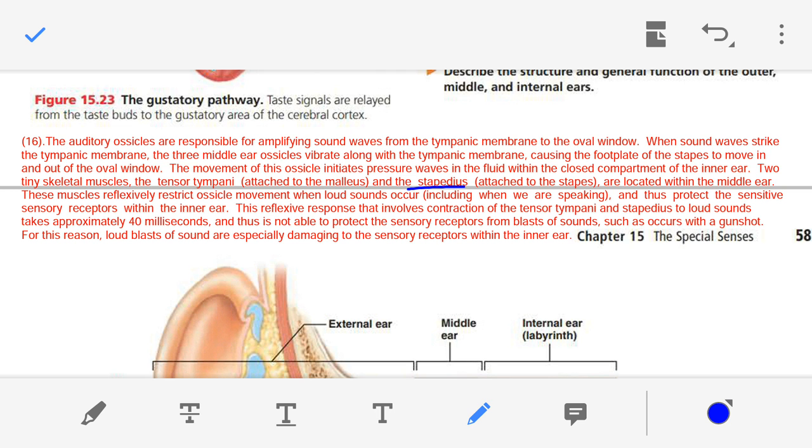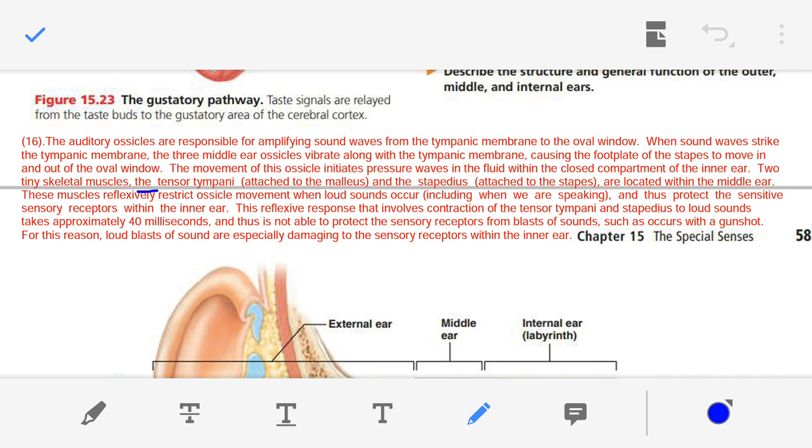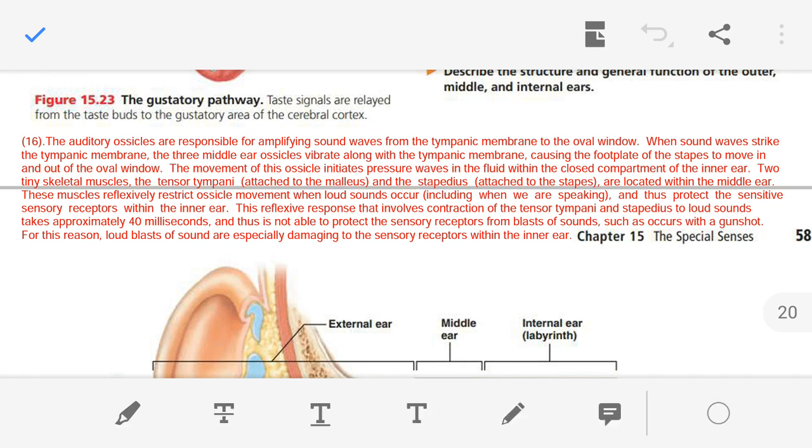This stapedius muscle is attached to the stapes. I am showing you both muscles in the figure. One muscle, tensor tympani, is attached to the malleus, and the second muscle, stapedius, is attached to the stapes.